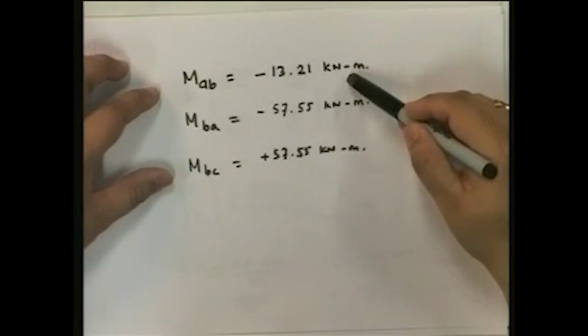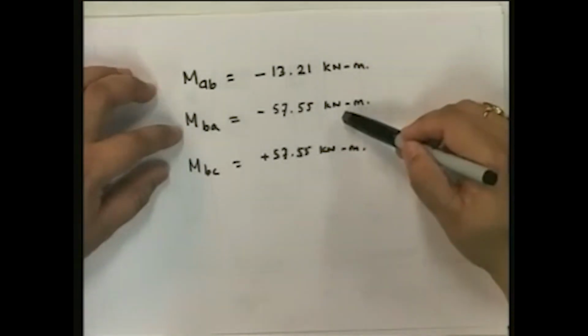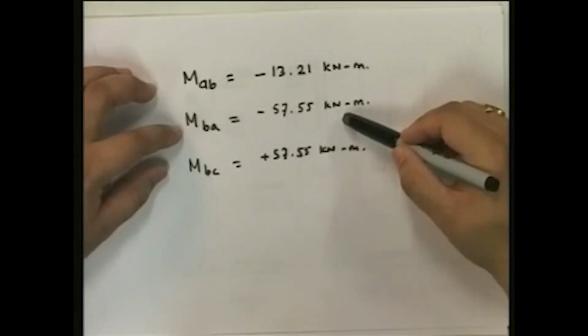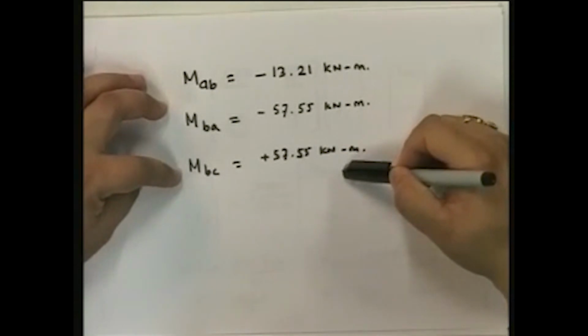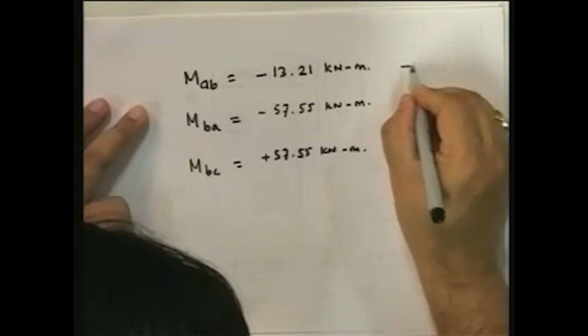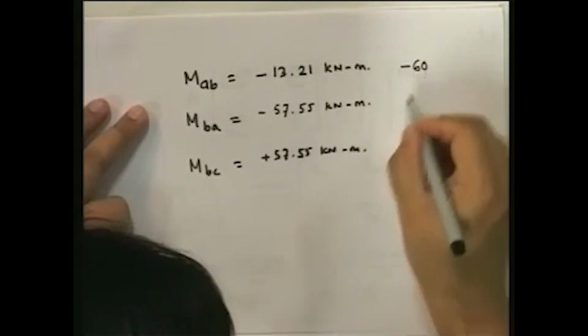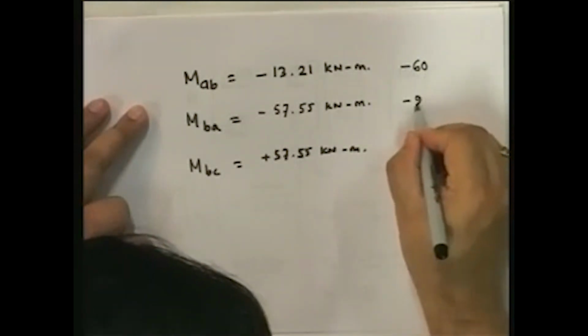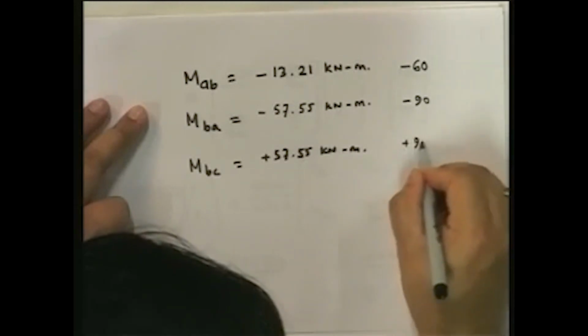MAB is minus 13.21, MBA is minus 57, and MBC is plus 57. What were they when it was fixed? This was minus 60, this was minus 90, and this was plus 90.